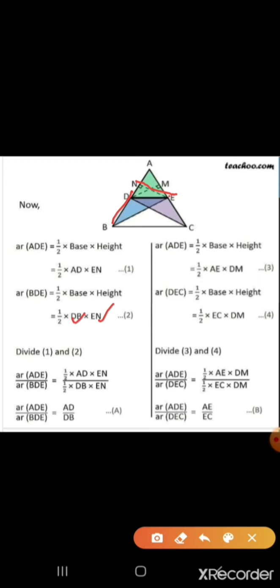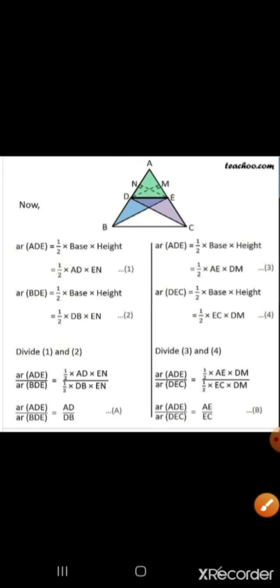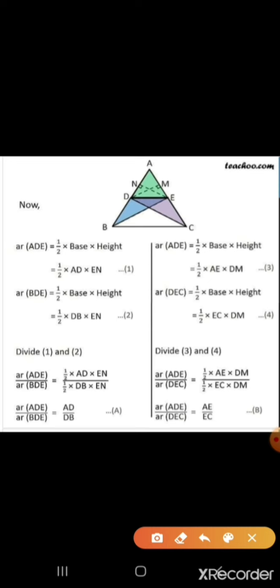So area of the triangle BDE is half into DB into EN, and area of triangle ADE is half into AD into EN. Dividing these, EN and EN get cancelled, and at last we get area of ADE by area of BDE is equal to AD by DB. This is ratio 1.